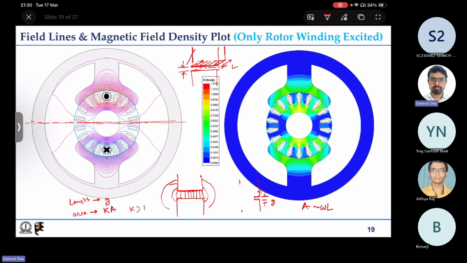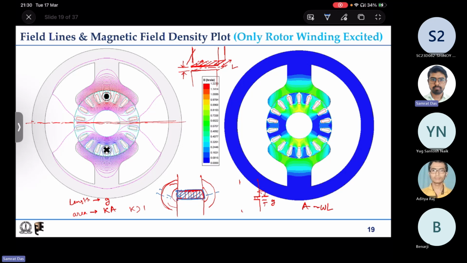But if you do not consider the side flux paths, and you only consider that flux lines can only flow in this box, then you are missing out some flux, the side fluxes. Exactly. So if you approximate your flux path to be this hatched blue box, then you are underestimating your permeance.